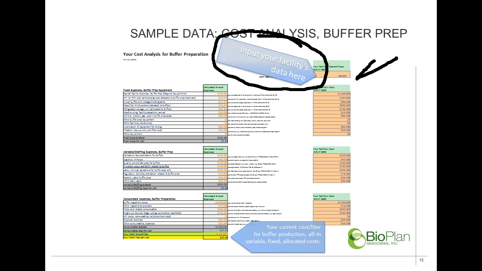And if you then modify from the model, based on what the model is indicating is a reasonable range, you input your costs. Then coming from the bottom end here will come your cost per liter. So by simply filling in these blanks here on the right side, you can identify what your total cost per liter is as well as your annual cost. And that was the basis of the model.